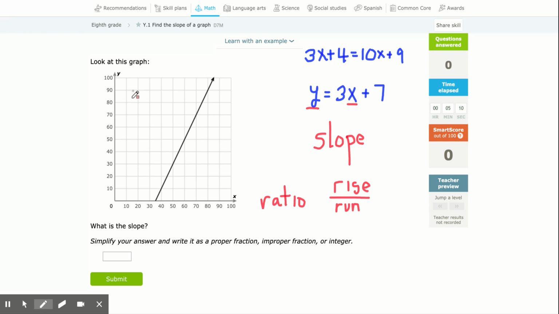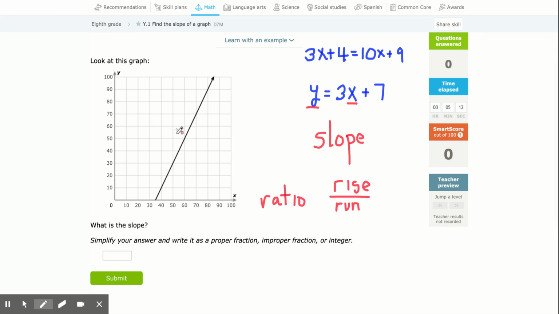So for instance, as I look at this graph, the most important thing about calculating slope is to make sure we use points that are easy to evaluate. You can use any 2 points on that line to find slope, but don't pick points that are in between grid lines on the graph. So what you do is you usually find a point.